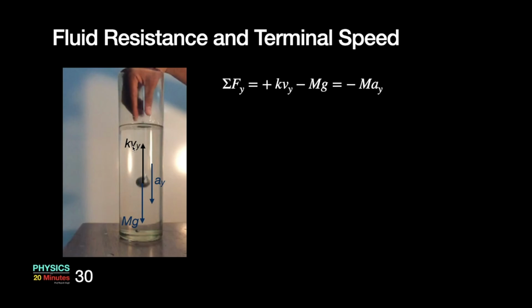Now fluid resistance depends on the velocity. Initially the velocity is very less because you have just dropped the ball. The kVy term is very small, negligible. Therefore your acceleration in the downward direction is roughly the same as the acceleration due to gravity.